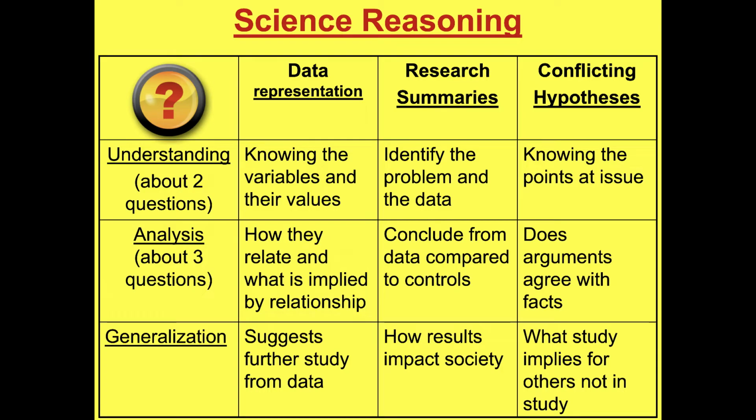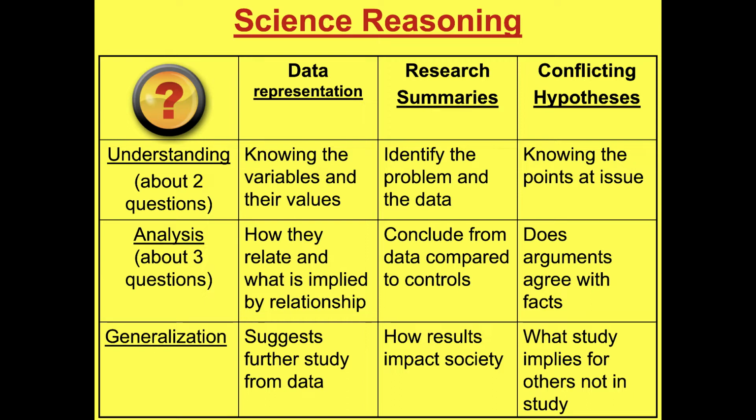So the scientific reasoning section of the ACT is divided into three parts. The first of these parts is what is known as data representation, and that's what we're going to talk about today. In that part, you have to know the variables and their values, what is essentially the x-axis and the y-axis on a graph, or what one column represents versus a row on a table.